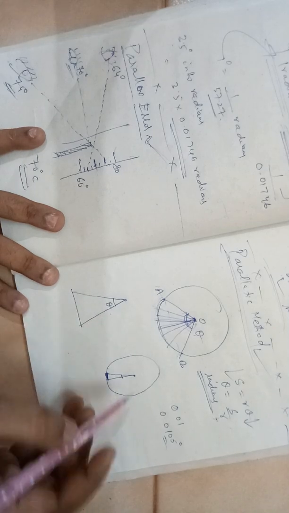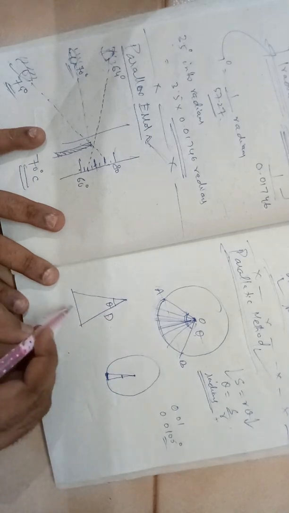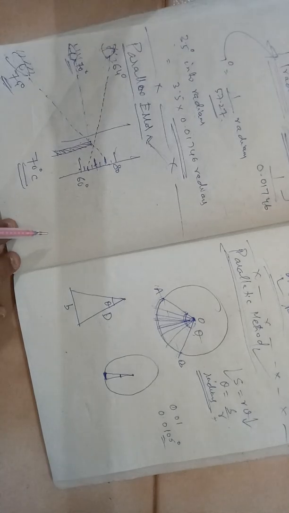Let us say this is theta, and we will call this D and this B. B means base.